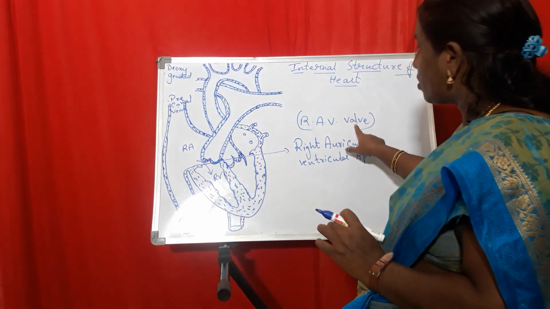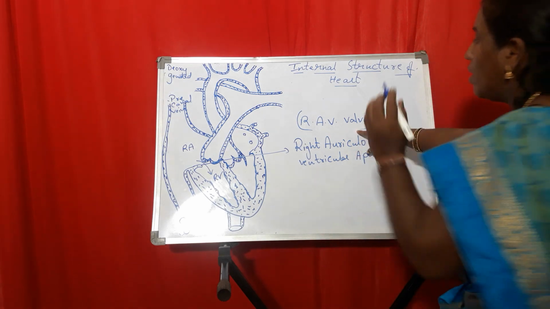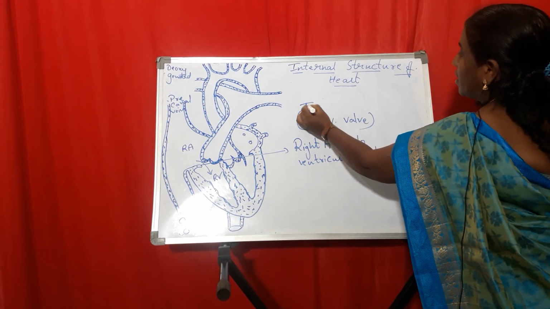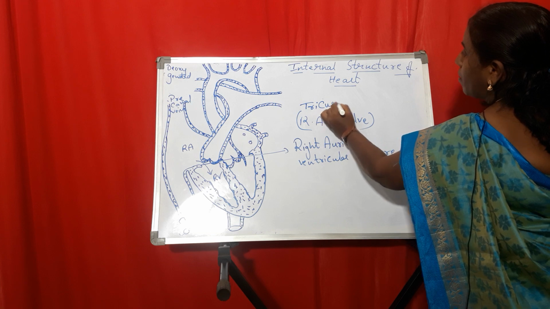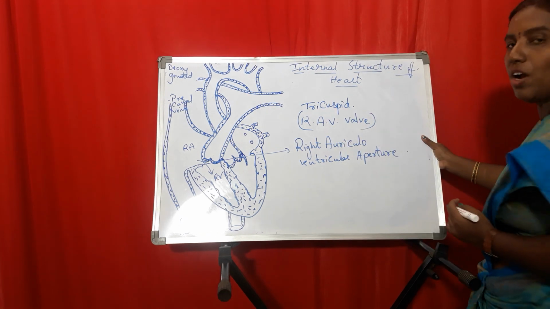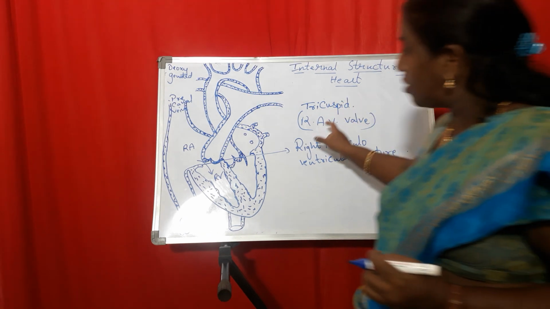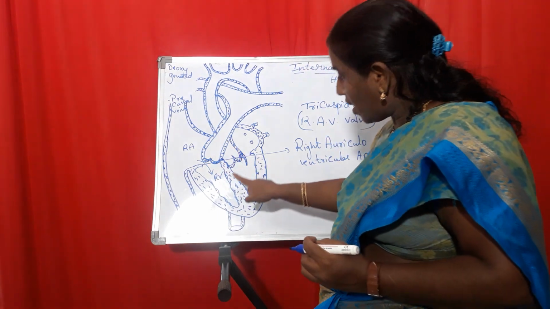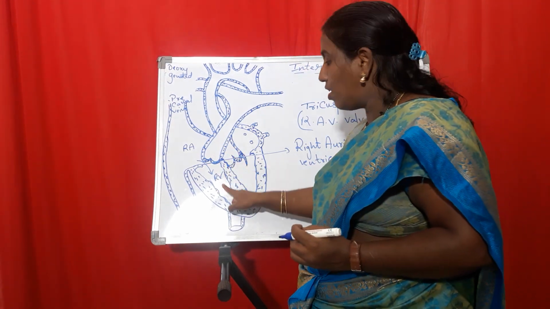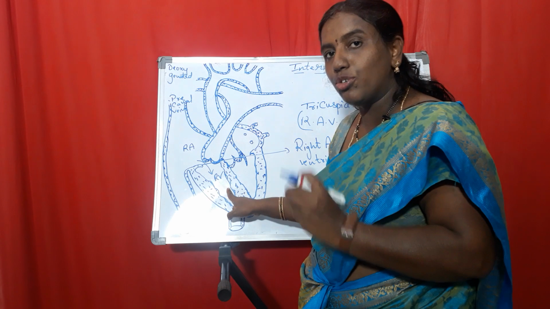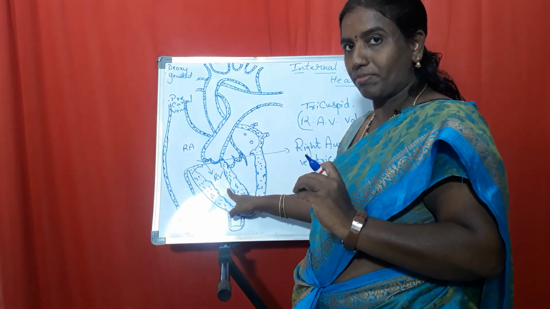So this right auriculo-ventricular valve is also called the tricuspid valve. From the right ventricle, the deoxygenated blood has to go to the lungs.